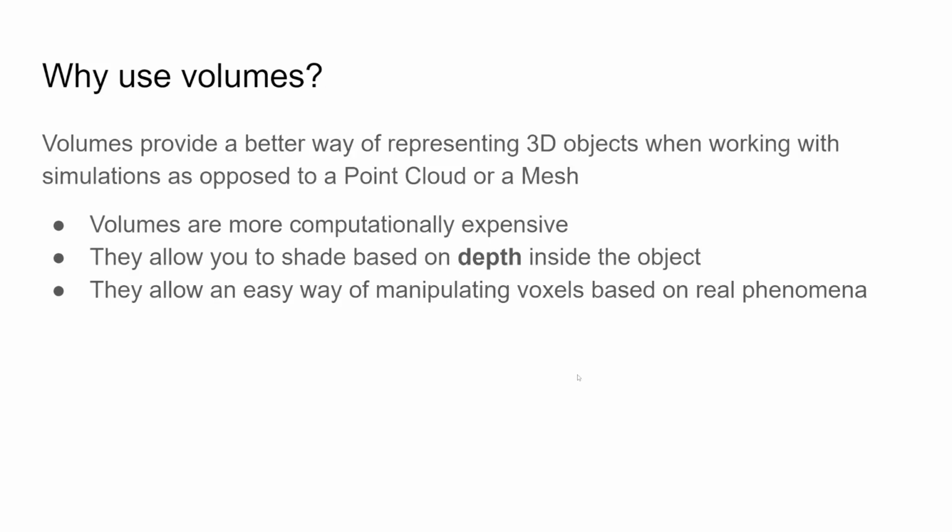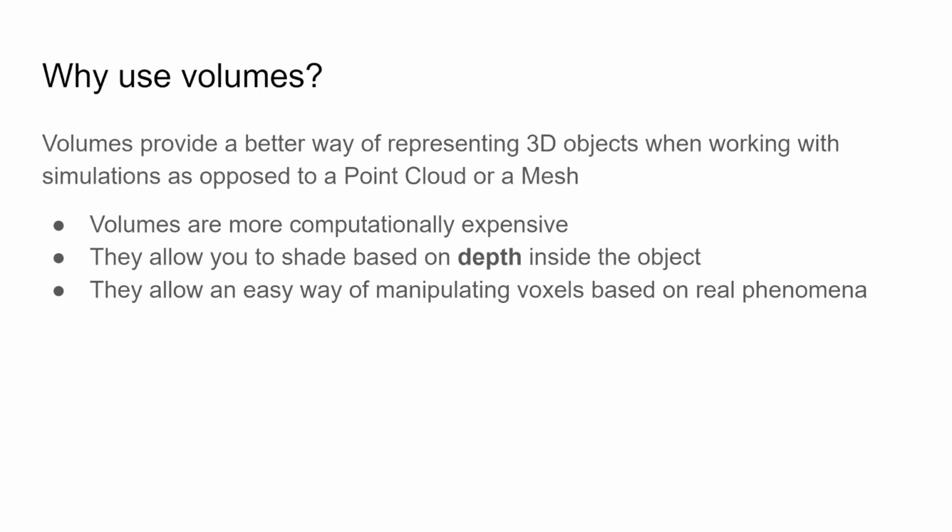And why use voxels then? If we've already used these triangles and extrusions, what's the point of using voxels and volumes? Well, volumes are a better way to represent 3D objects, especially when you're working with simulations, as opposed to using a point cloud or a mesh, simply because they allow you to use depth.